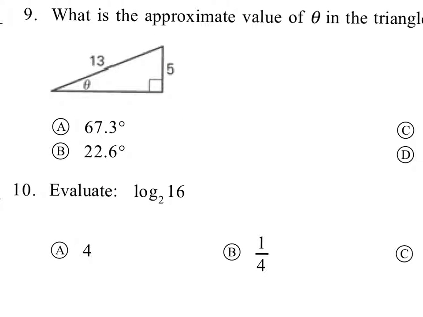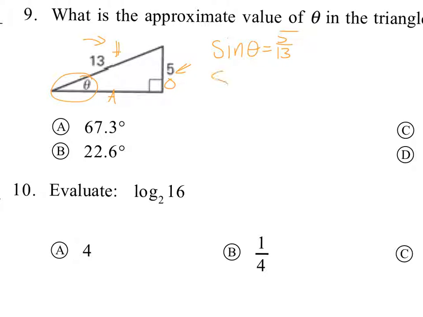Next, the approximate value of the angle in this triangle. I'm going to label my sides as opposite, hypotenuse, and adjacent. We know opposite, we know hypotenuse. That's going to be sine, O over H. So sine of theta is equal to 5 over 13.